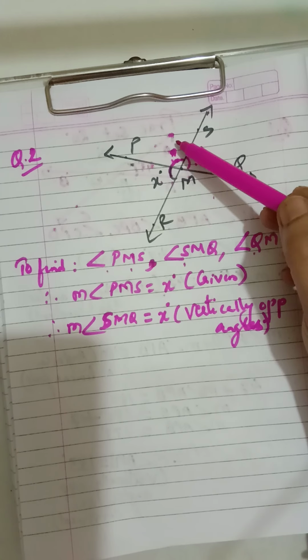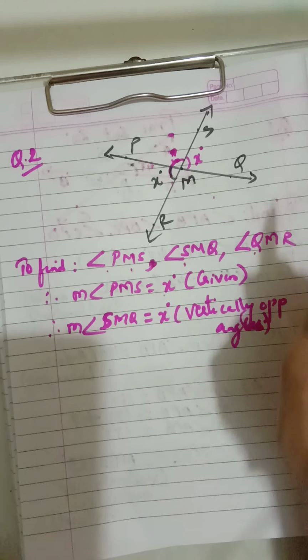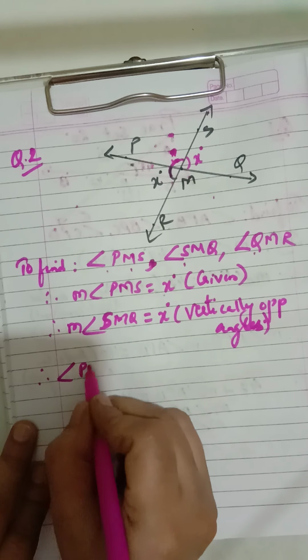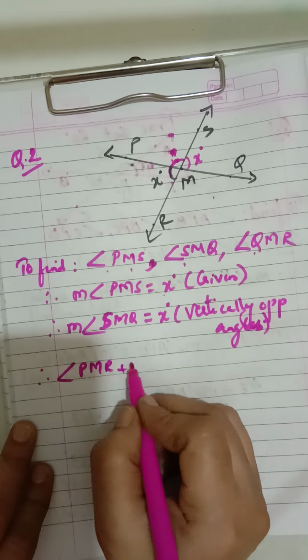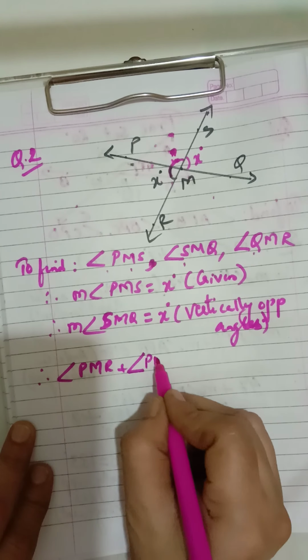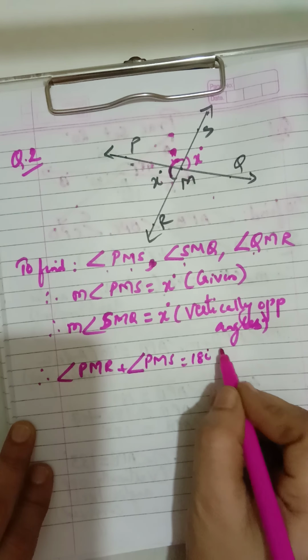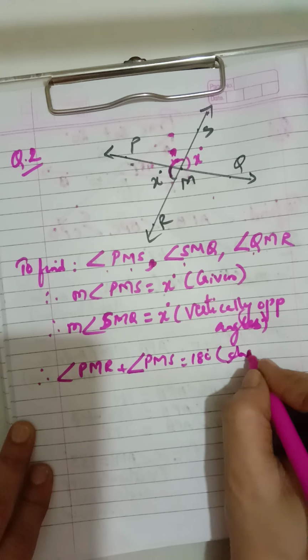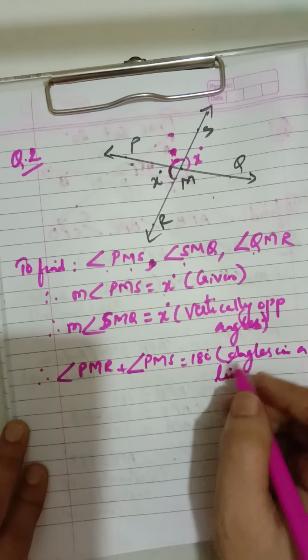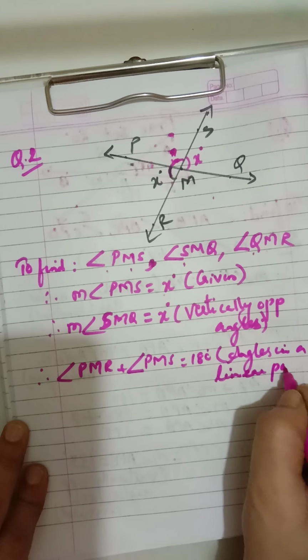PMR. And what is the name of this angle? PMS. They are forming a linear pair. So we will write, therefore angle PMR plus angle PMS is equal to 180, in brackets: angles in a linear pair.